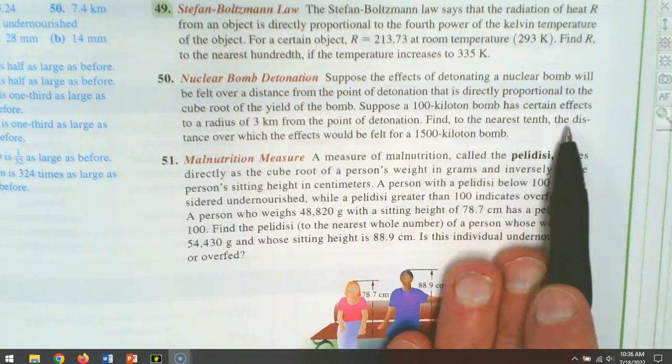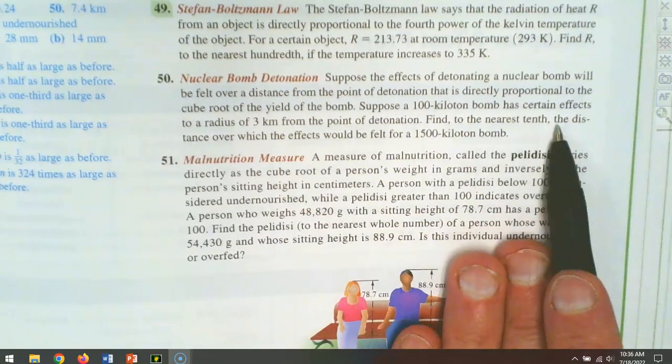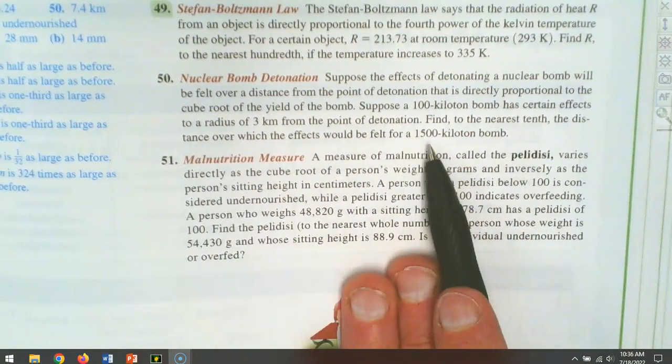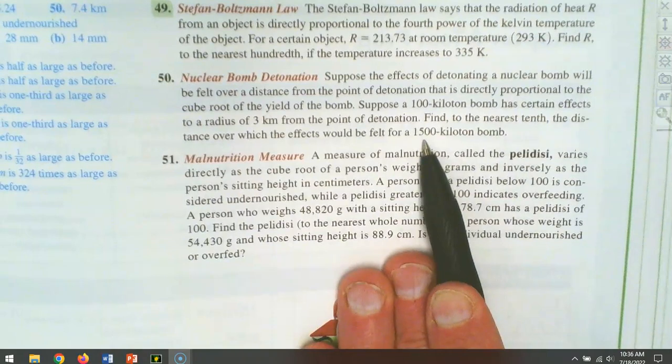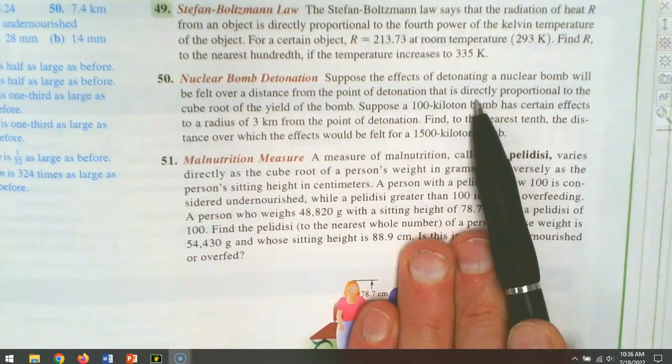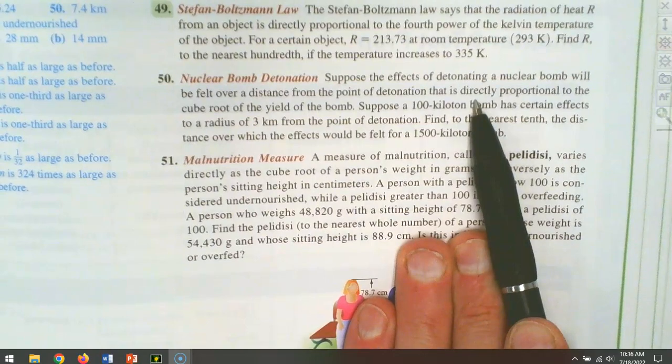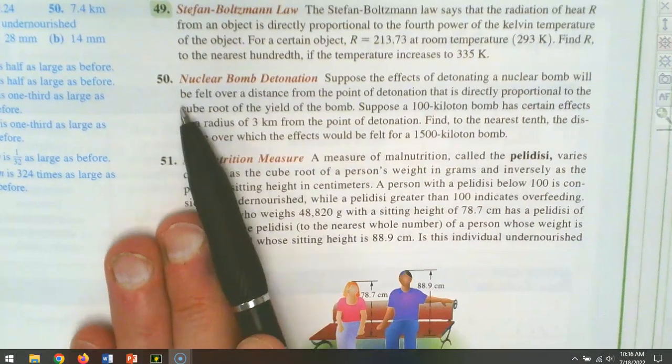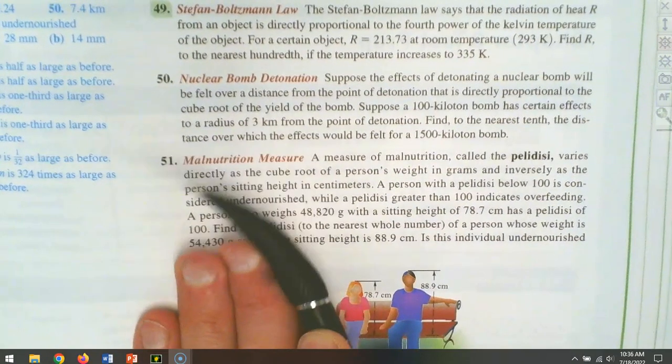We want to find, to the nearest tenth, the distance for which the effects will be felt for a 1500 kiloton bomb. So, how do these relate? This is not a joint one anymore. This is varying what? Directly. And what does it vary directly to? It varies directly to the cube root.